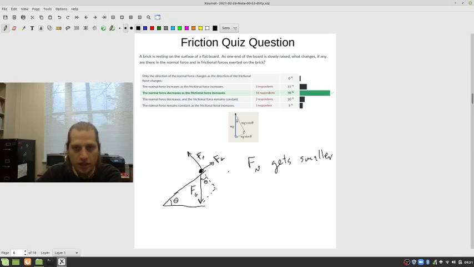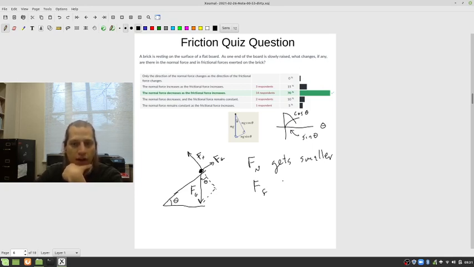And you can see that because your cosine of theta looks like this, so it's getting smaller as your angle increases. And your sine of theta looks like that. So your F friction, at least for a while, is getting bigger. Okay, so that's our answer there.